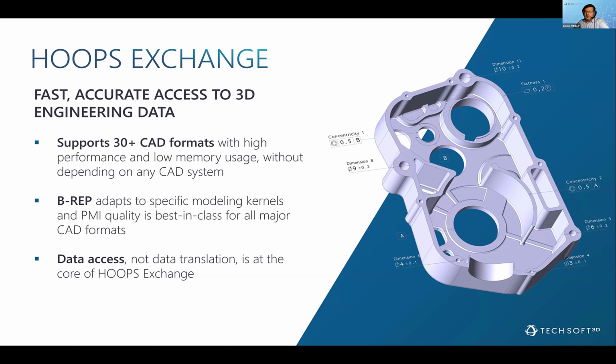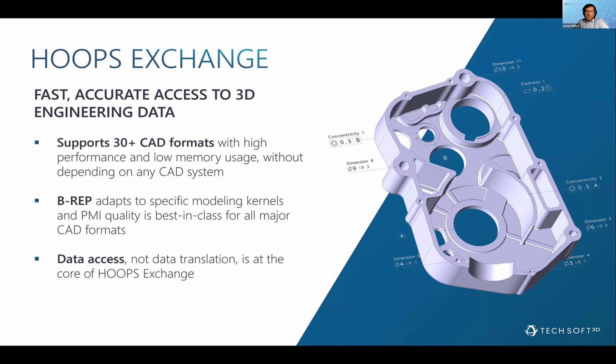Beyond this, another key point is that by providing access to non-geometric information, such as metadata, for example the semantic definition of product manufacturing information and the semantics of features, Exchange also makes it possible to optimize and even automate processes.